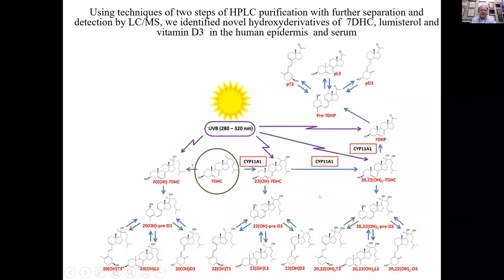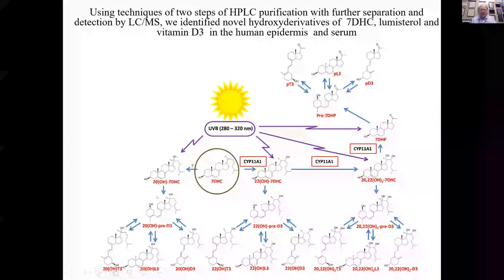In the skin it is sometimes even more complex, because 7-dehydrocholesterol, which is the precursor, is also a substrate for CYP11A1, producing 22- or 20-hydroxy or dihydroxy derivatives, or the side chain is cleaved to produce 7-dehydropregnenolone.